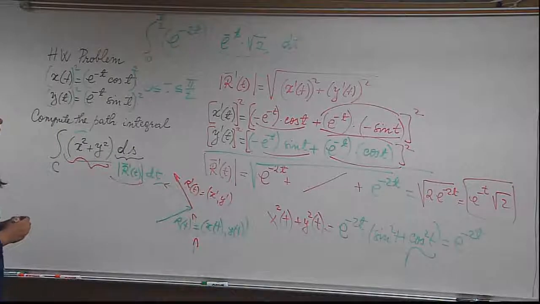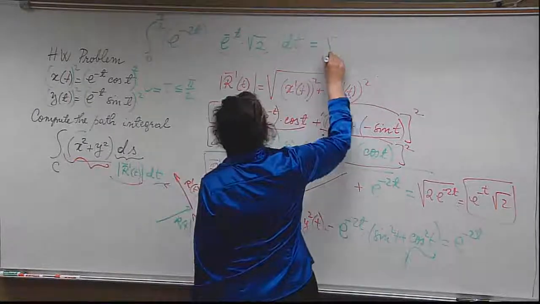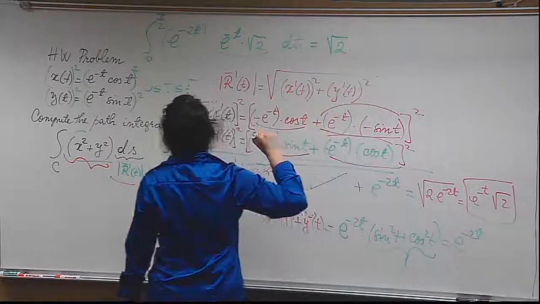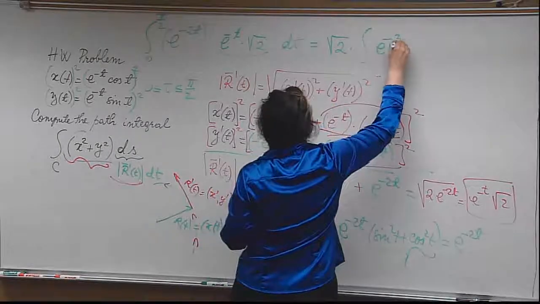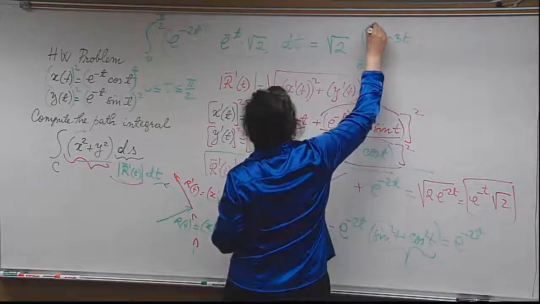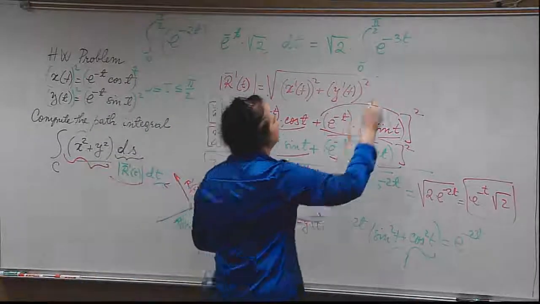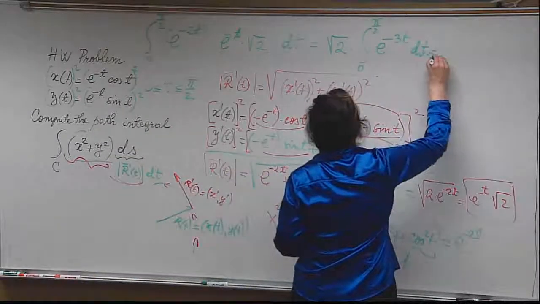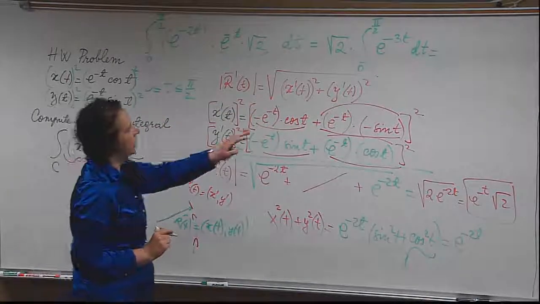All right. Now, we are almost done in the sense that we should wrap things up. Square root 2 gets out, and then integral of e to the minus 3t from 0 to pi over 2 is our friend. We know how to deal with it. You have dt. So, when you integrate that, what do you have?